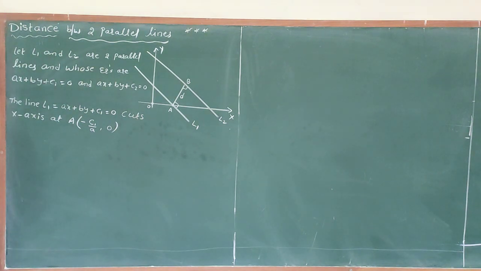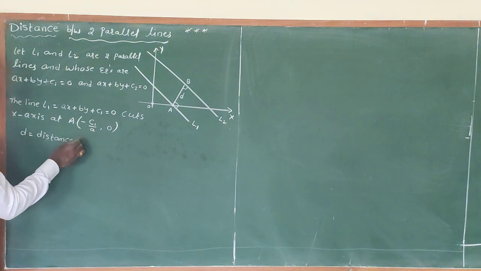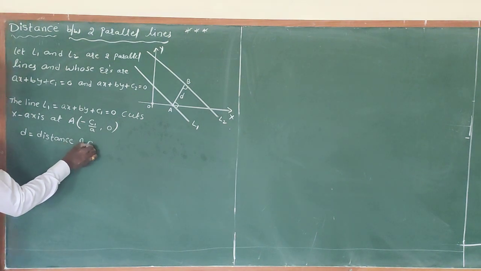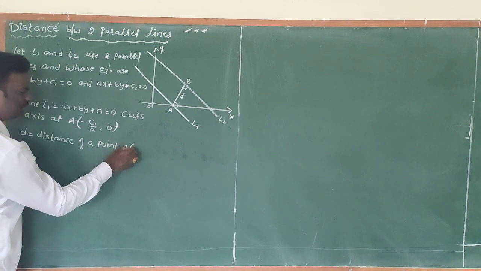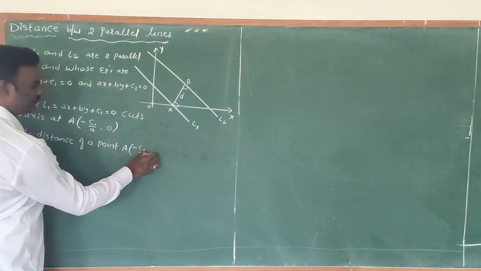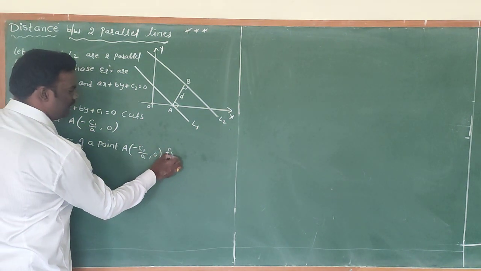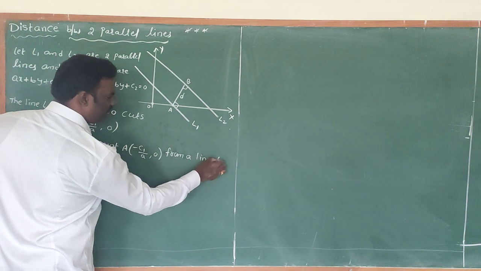Now D is nothing but distance of a point capital A from a line L2.